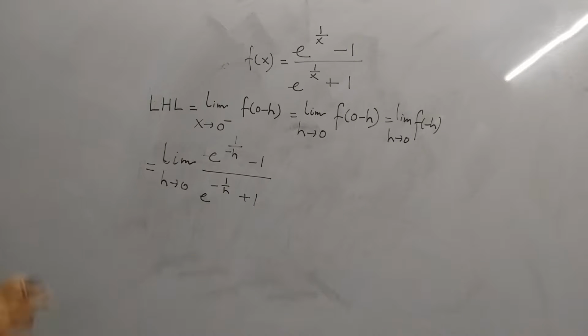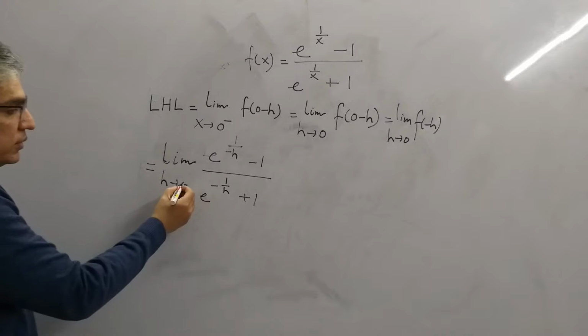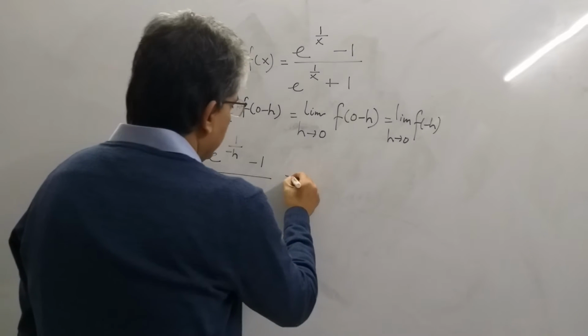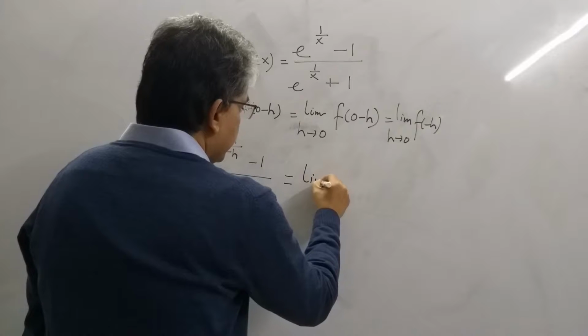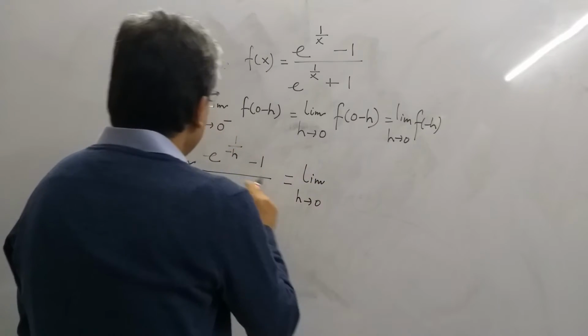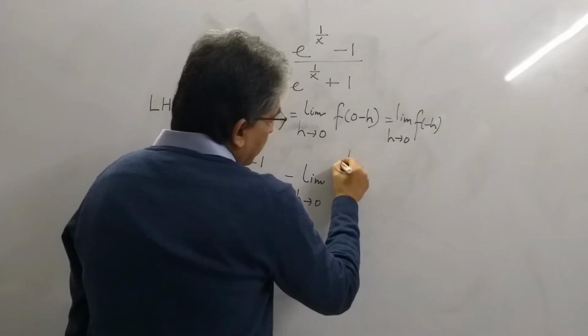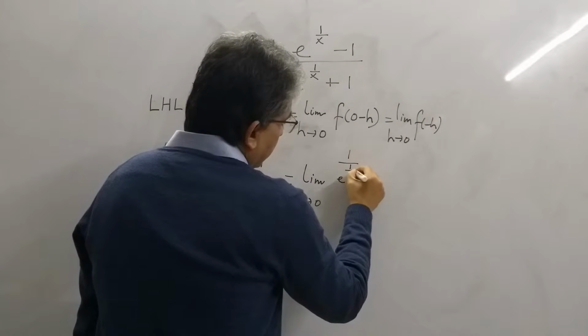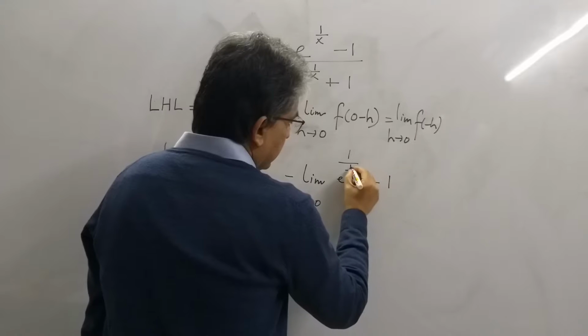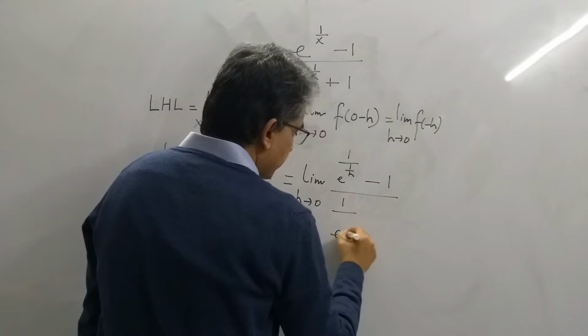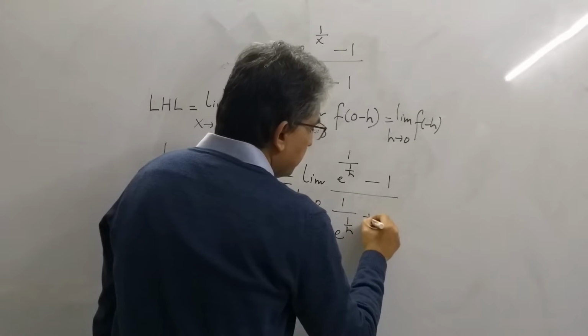Alright? Now what to do now? This looks a bit tricky, but then it's not a big problem. You need some logic here. Limit h goes to 0. Take the reciprocal: 1 upon e to the power 1 upon h, minus 1, upon 1 upon e to the power 1 upon h, plus 1.